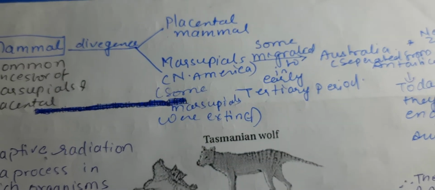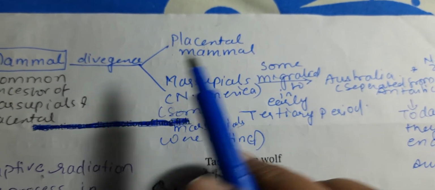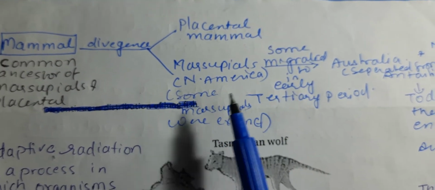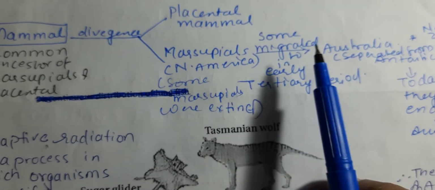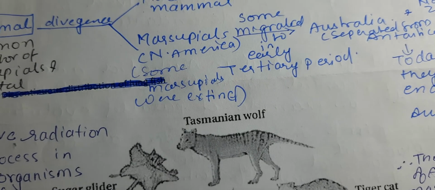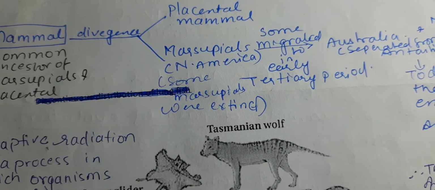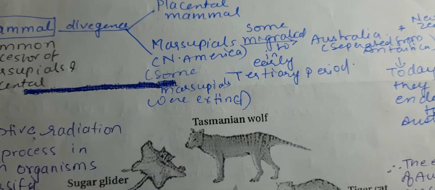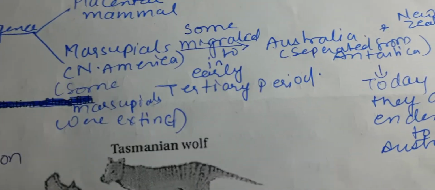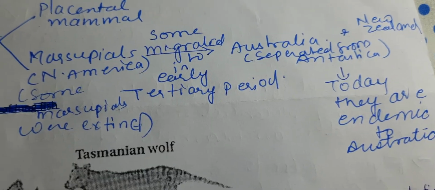Marsupials were in other parts of the world, but marsupials from North America migrated to Australia. As you have seen earlier, the lands were connected, so they migrated to Australia via Antarctica.